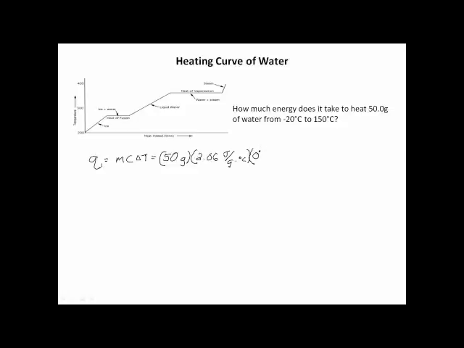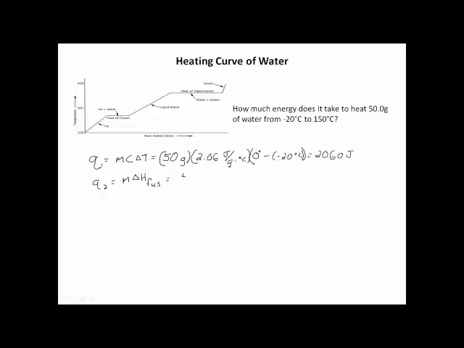We don't go the whole range, we just go up to the next step. And our initial starting point was -20 degrees Celsius. So we plug all those in and we would get 2060 joules.